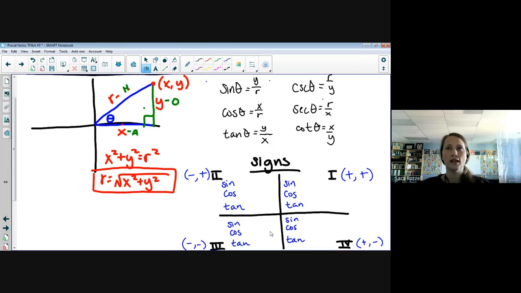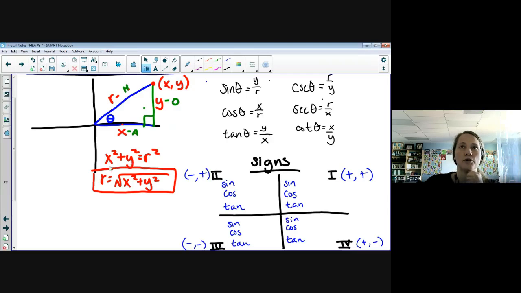Okay. And something else for us to note before we write down our positivity and negativity is that R is always a positive number. So if you think about it, if you are plugging numbers in, it doesn't matter if X or Y are positive or negative because when you're evaluating it, you're squaring them, right?